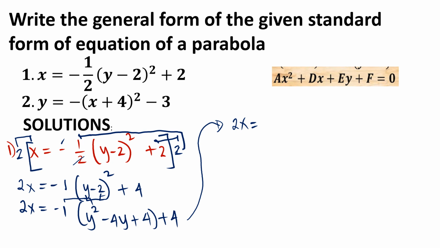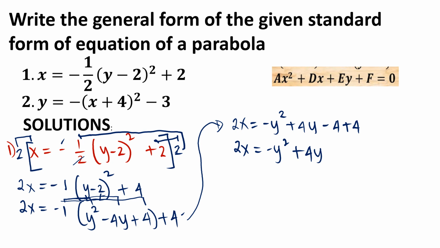Negative 1 times y squared gives negative y squared, negative 1 times negative 4y is positive 4y, and negative 1 times 4 is negative 4. We rewrite the outside 4 because it is not multiplied by the negative 1. Simplifying further, we have 2x is equal to negative y squared plus 4y, since negative 4 plus 4 is 0.